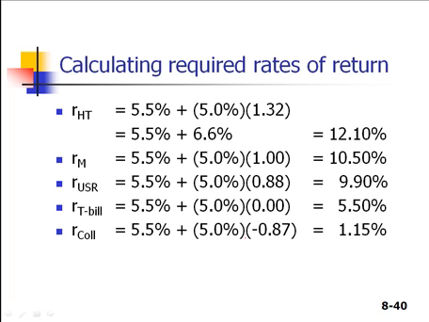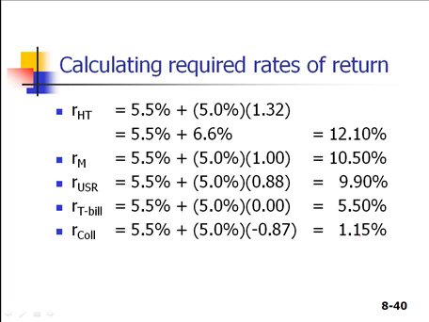It moves in the opposite direction of the market, and so it actually has an insurance effect for the rest of the portfolio, and that's why people are essentially willing to pay for that insurance by accepting this lower rate of return. See, it has a negative beta, negative 0.87 times the 5% market risk premium is going to be a negative number. And then that negative number added to 5.5% ends up with only 1.15% for the required return.